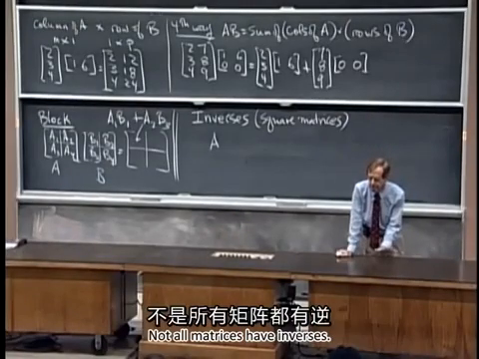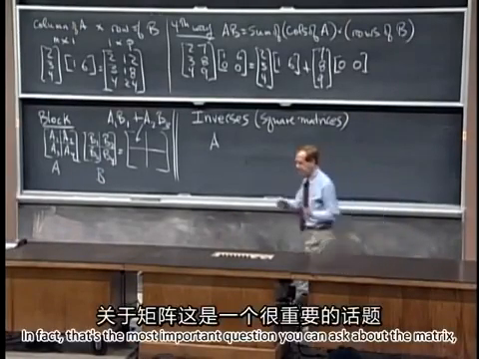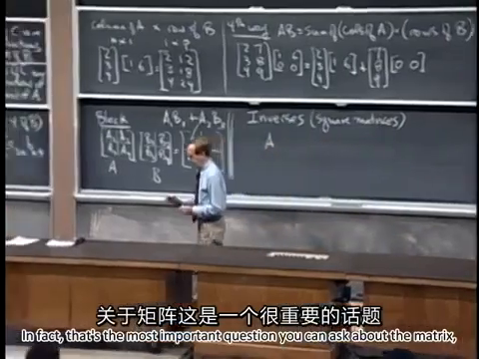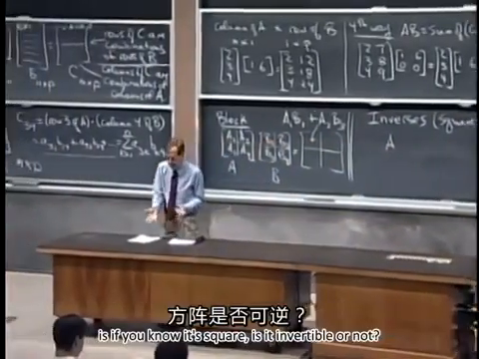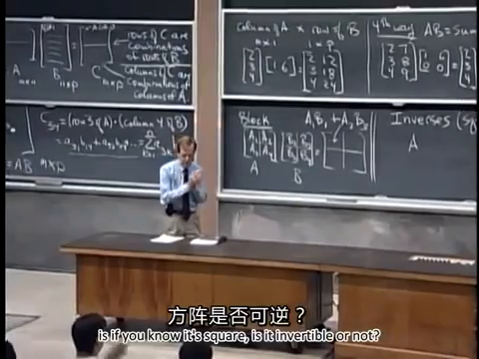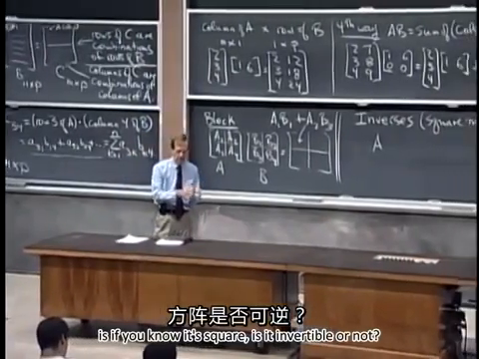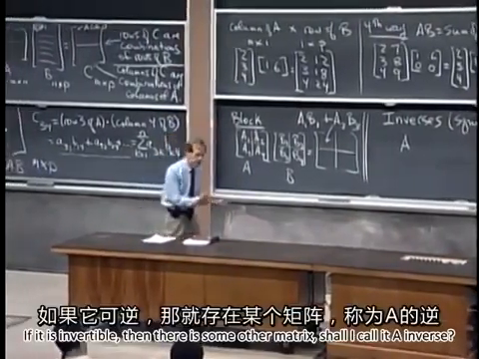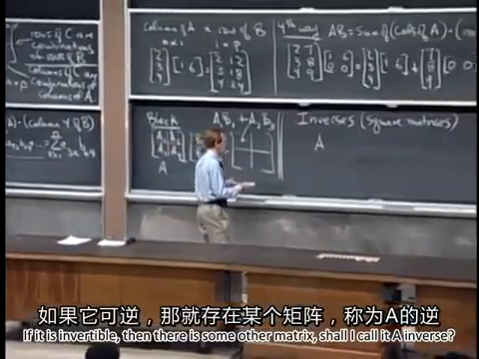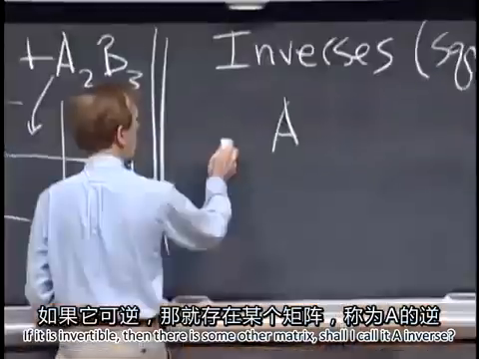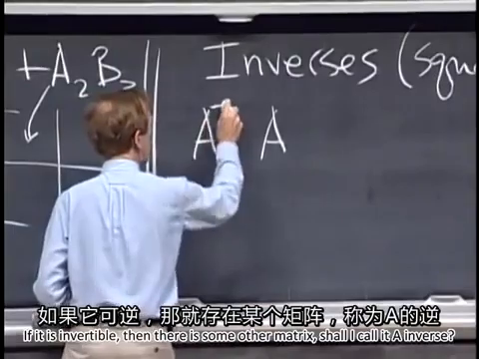Not all matrices have inverses. In fact, that's the most important question you can ask about the matrix, if you know it's square: is it invertible or not? If it is invertible, then there is some other matrix, shall I call it A inverse?